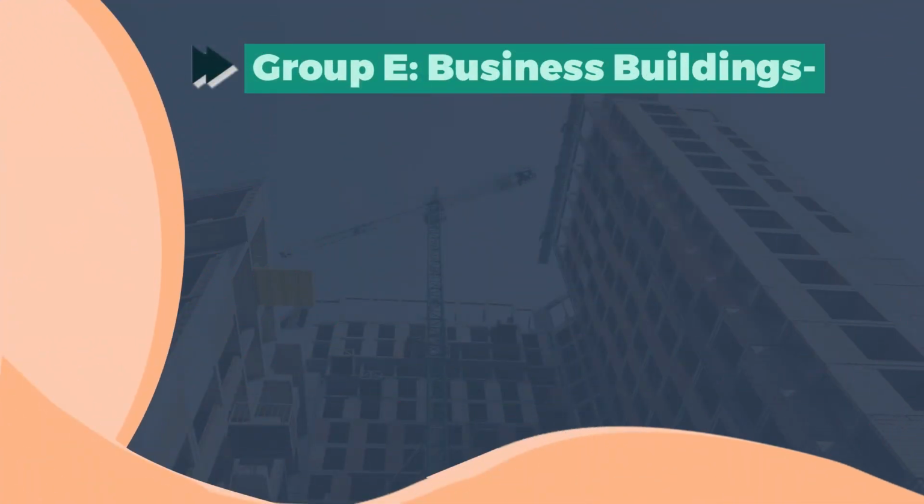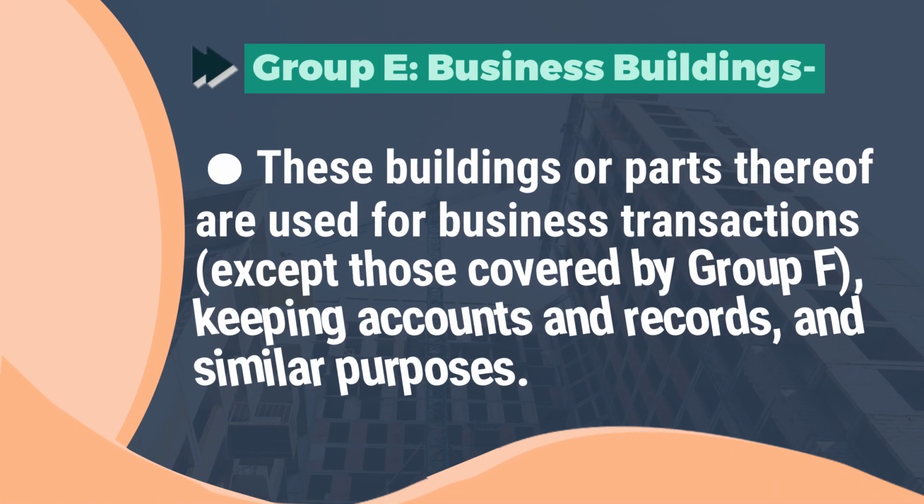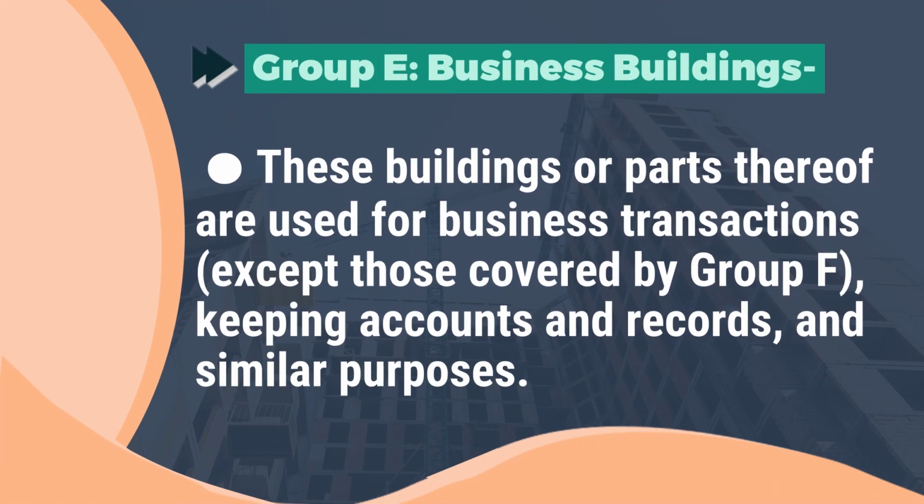Then the fifth type of building is group E, which is business buildings. These buildings or parts thereof are used for business transactions, except those covered by group F, keeping accounts and records and similar purposes. They include doctors' and dentists' offices unless covered by group C. Service facilities like news stands, lunch counters serving less than 100 persons, barber shops and beauty parlors.